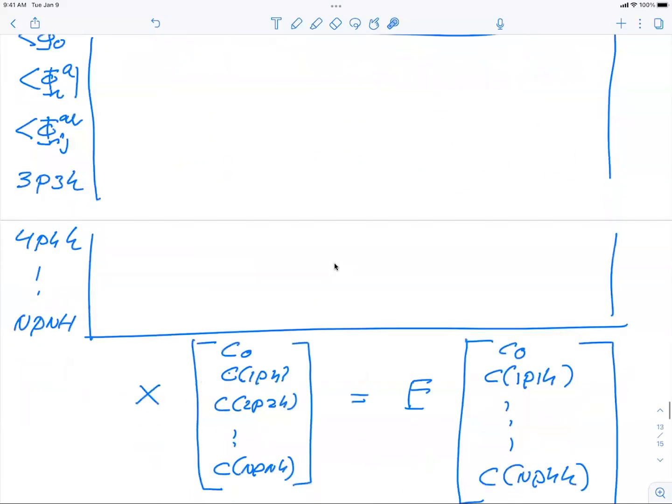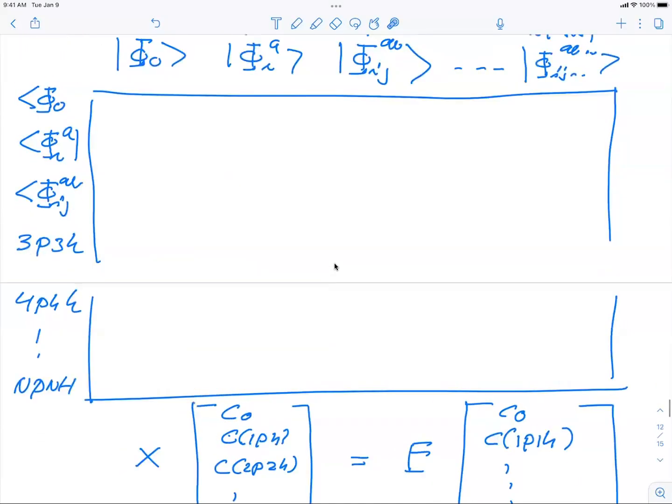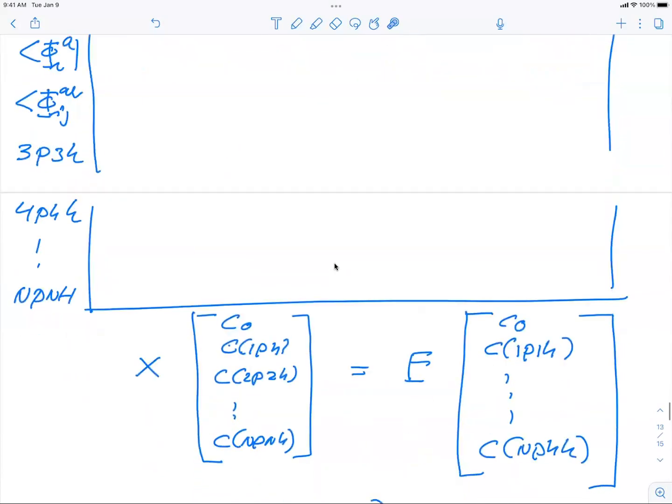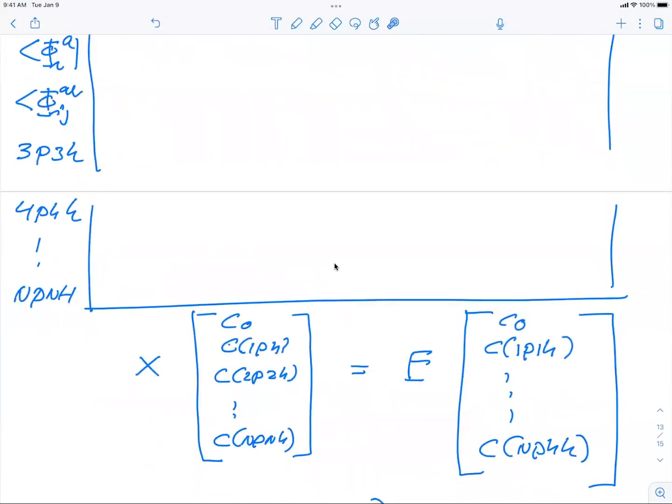But then we can actually rewrite a diagonalization problem in a much more efficient way in terms of nonlinear coupled equations in the unknown coefficients. So remember that what we are doing here, we have a computational basis, and by diagonalizing, we get the unknown coefficients. So the diagonalization gives us the exact ground state in that basis.